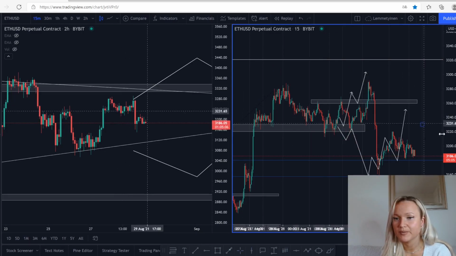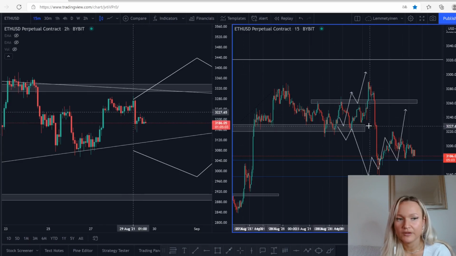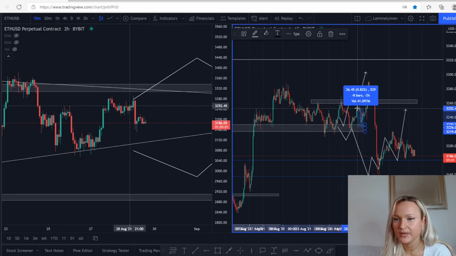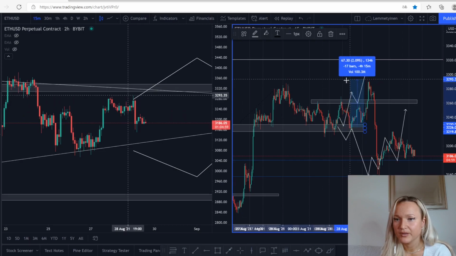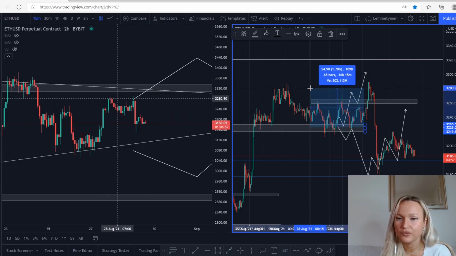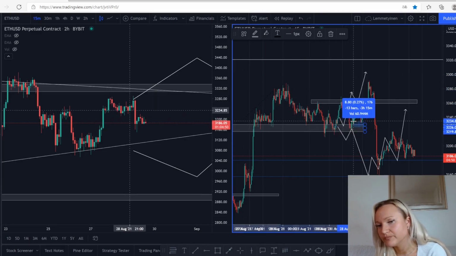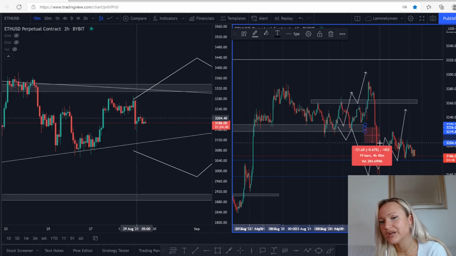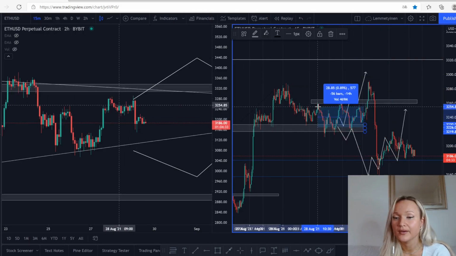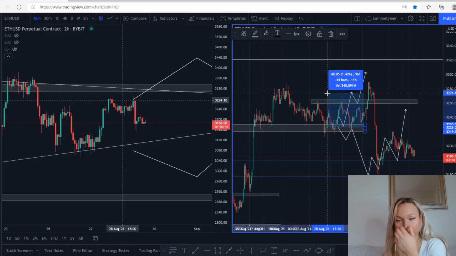Even if the market did spike to the downside, if we would have taken the entry around here and our take profit here, and if you would have had more orders in, you would have moved your stop loss to entry, so you would never have been stopped out, and your account would have been safe at that point.